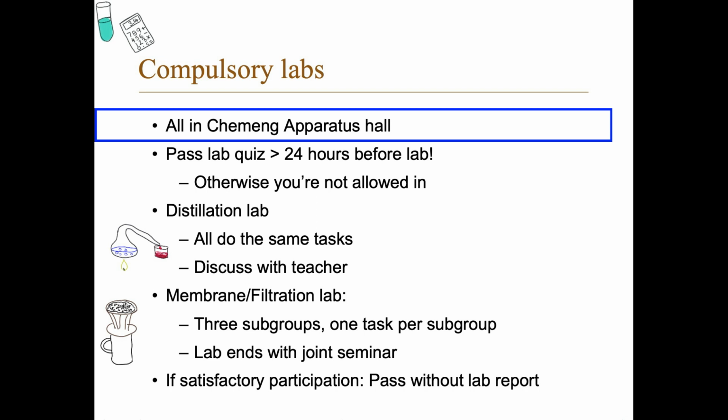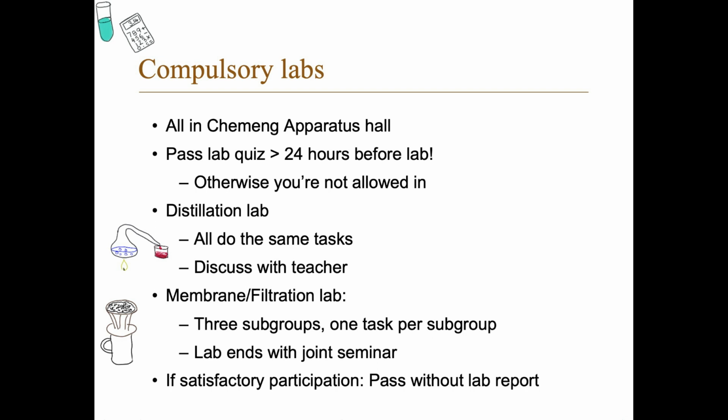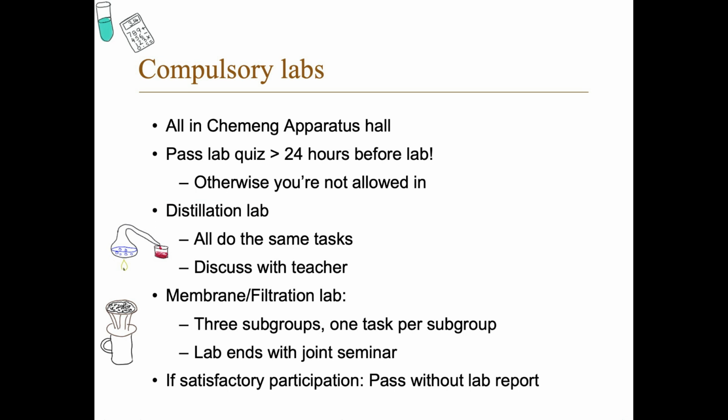The 2 labs in this course are both held in the Chemical Engineering Apparatus Hall. To be accepted into the Apparatus Hall, you must pass the lab quiz at least 24 hours before your lab time slot starts. During the distillation lab, you work in small groups, answer all the questions and discuss the answers with the lab assistant.